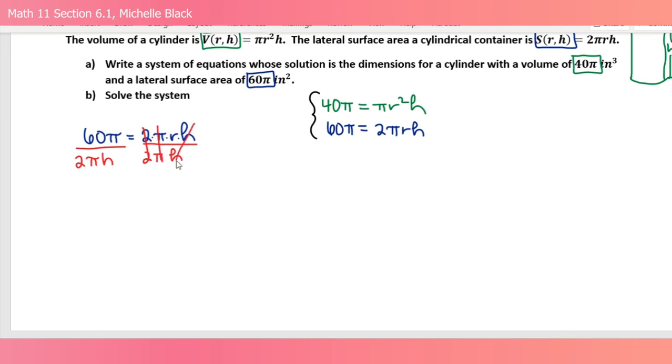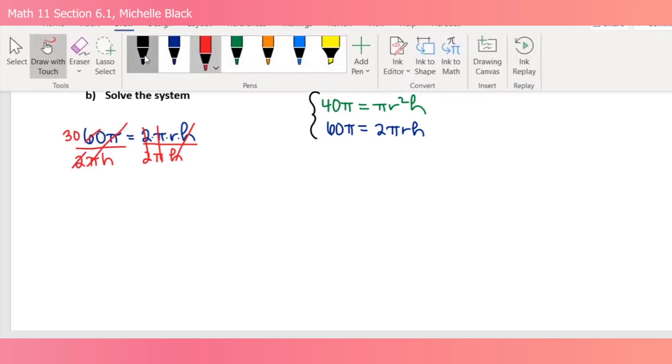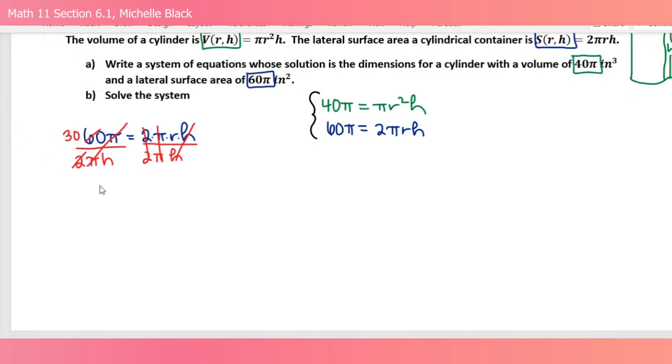On the left, the pi's will simplify, which is nice, and the 60 and the 2 will go into a 30. So now I have just 30 in the numerator over h in the denominator equals r.